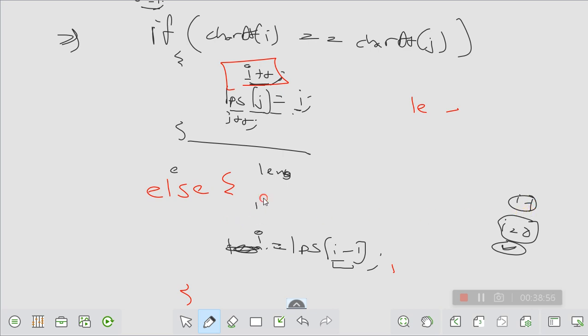So if my I is double equal to 0, then no doubt I will have my LPS of j equal to 0, because nothing can be done then, and my j will increase at that point. Else I'm going to do something like I equal to LPS of I minus 1.